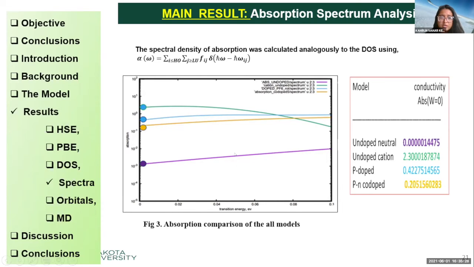So when we compare all absorption spectra together, we are able to see that at zero frequency the cation undoped spectrum shows the higher absorption. Zero frequency means absorption spectrum is high.